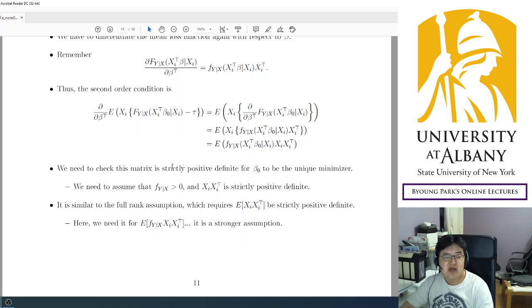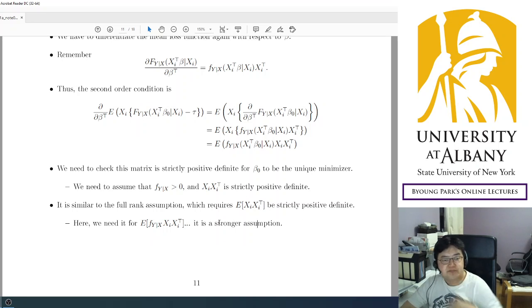I'm not going to prove this, but it is similar to the full rank condition. Exactly the same thing. This should be invertible, and when it is invertible, it will be strictly positive definite.